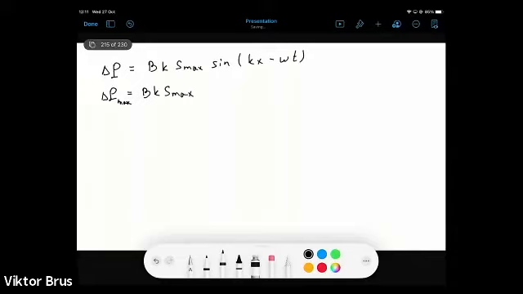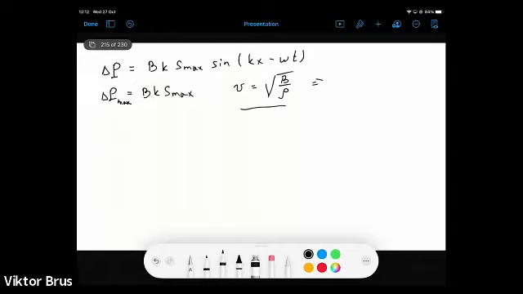Also, we need to write down the equation which we derived for the speed of sound, and that was V is equal to square root of B divided by rho, which is volume density of the environment. And now, taking this into account, we can express B from this equation.